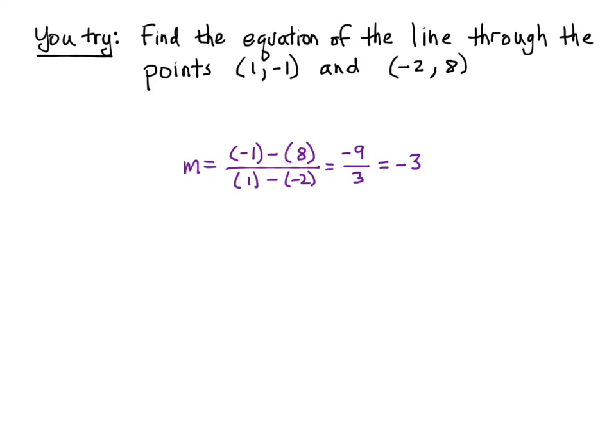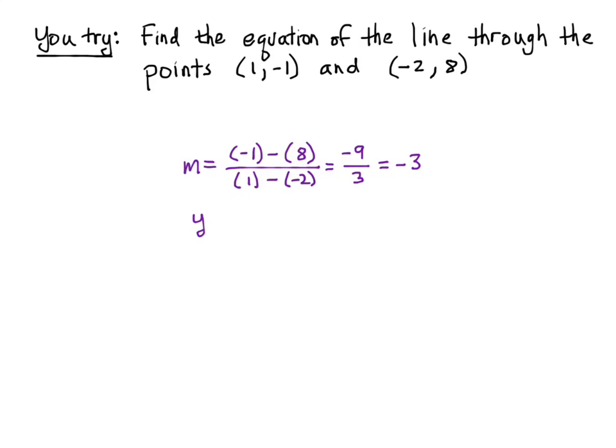Okay, so the slope is -3, and in this case I'm using the first point as y2. So I have -1 minus 8, that's the difference in the y's. The difference in the x's is 1 minus -2. So I see -9 over 3, which turns out to be -3.